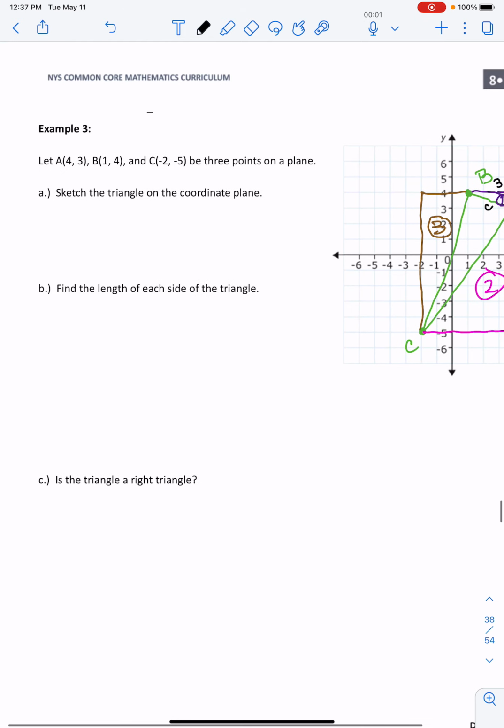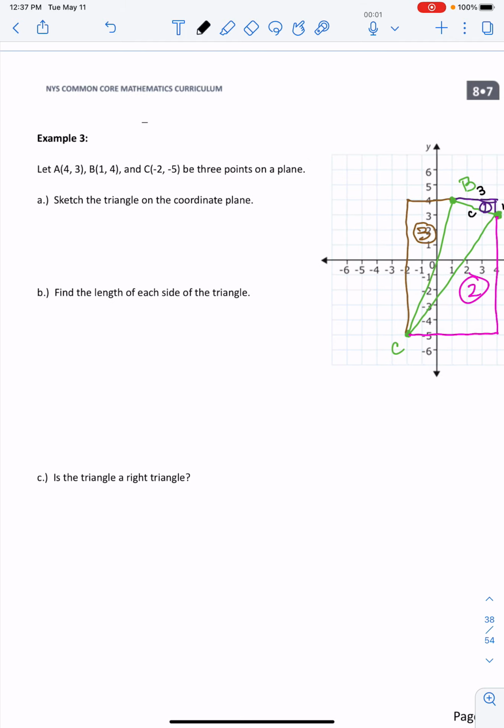So to find that, we have 1 squared plus 3 squared equals c squared. So we have 1 plus 9 equals c squared. So we have 10 equals c squared.